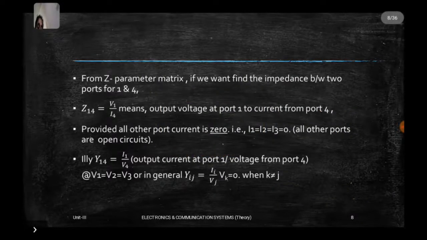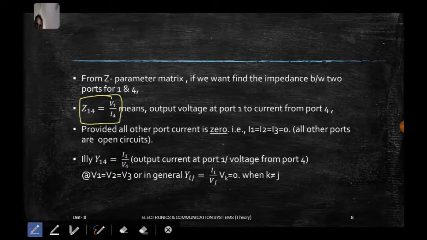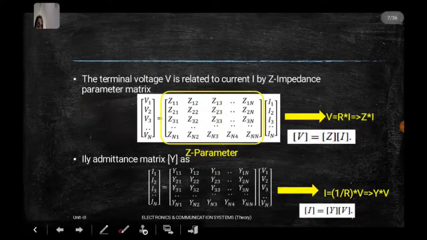You can see here, this is Z14 taken. If you take each element in the matrix, it is a voltage by current ratio. What you have to do in the matrix form, as you have done in algebra, is expand it.